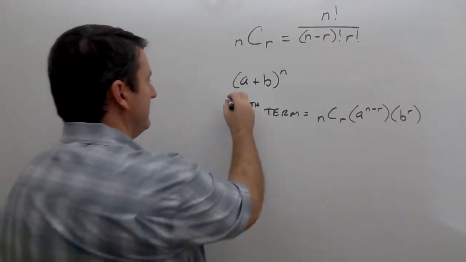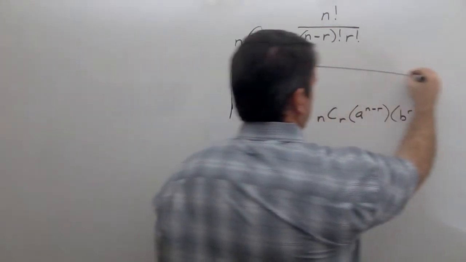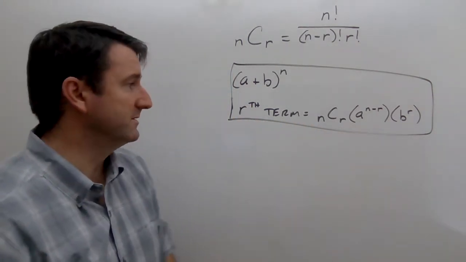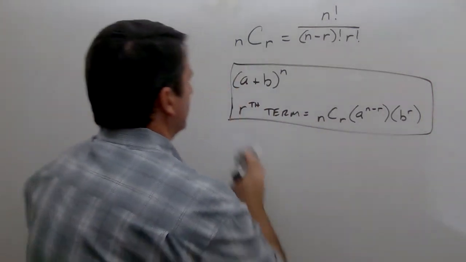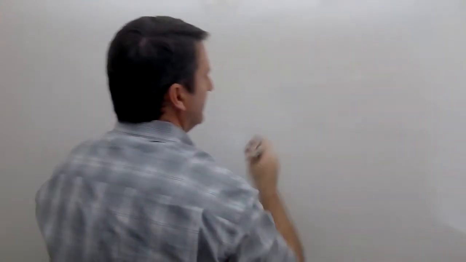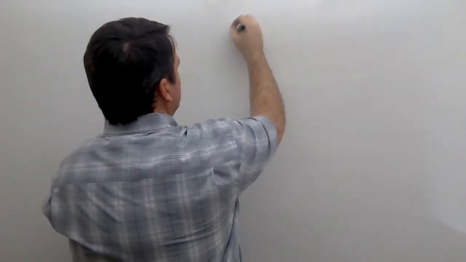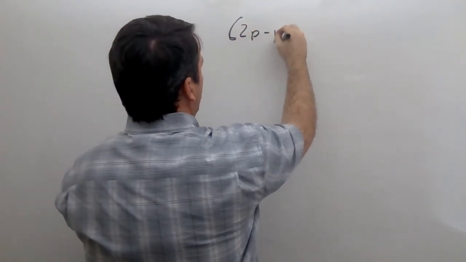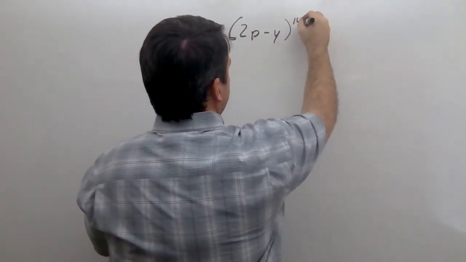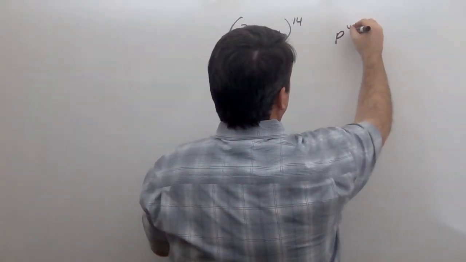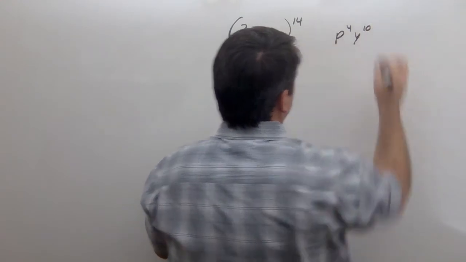All right, and there's our binomial formula, and that's what we're going to use to solve this example. We're trying to do the binomial expansion of 2p minus y to the 14th power. And we want the p to the 4th, y to the 10th term.